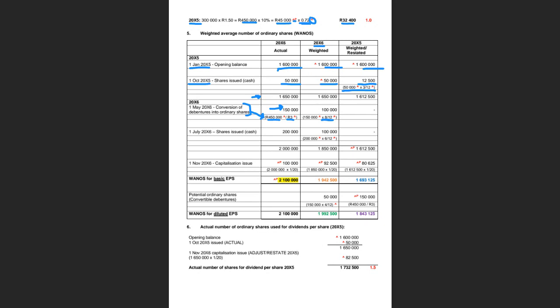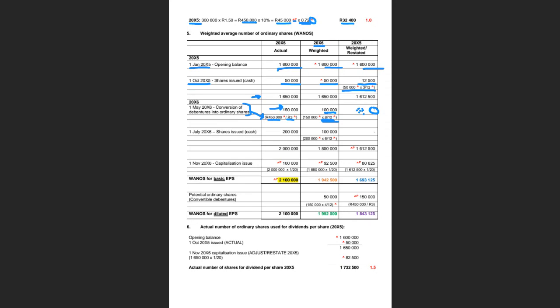That's why we are apportioning it. We apportion it for the amount of time that it was an ordinary share, which was 8 months of the year, and we get 100,000. Notice there's nothing in 2015. Why? Because this issue only happened in 2016. So if you put any amount here, you're going to lose a mark. Well, not really, but it doesn't look good. So don't put anything there, please, guys.